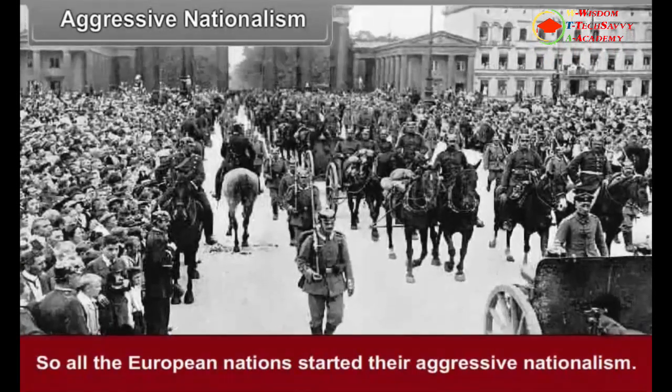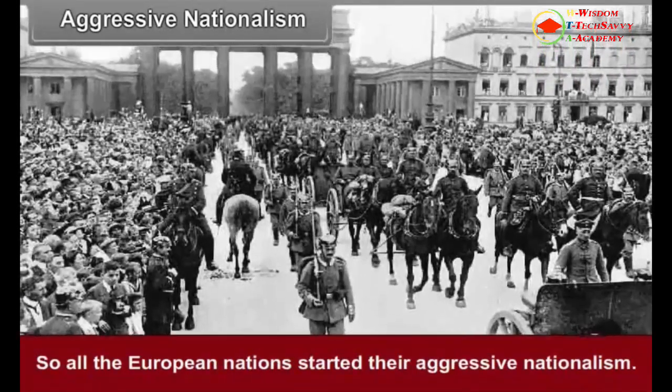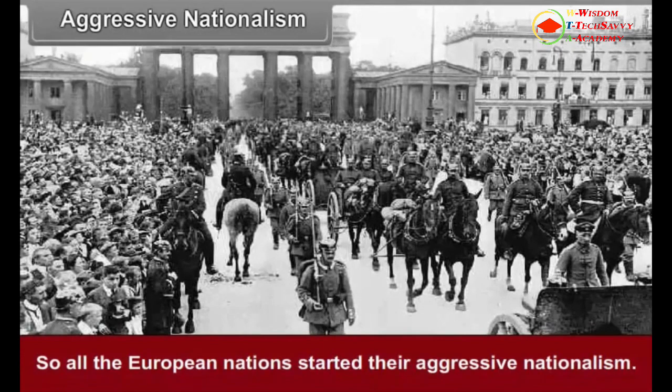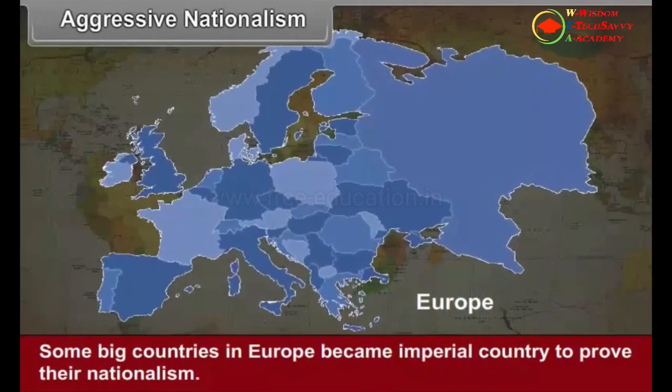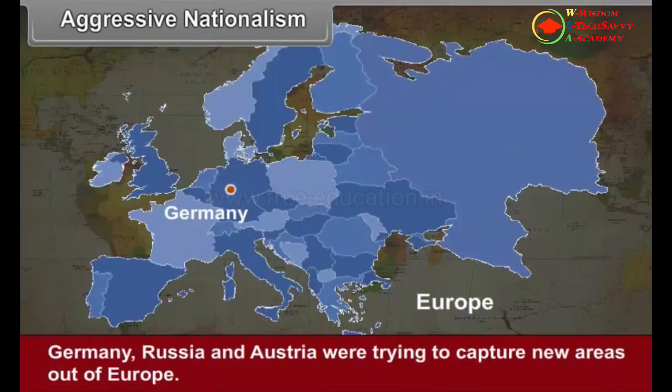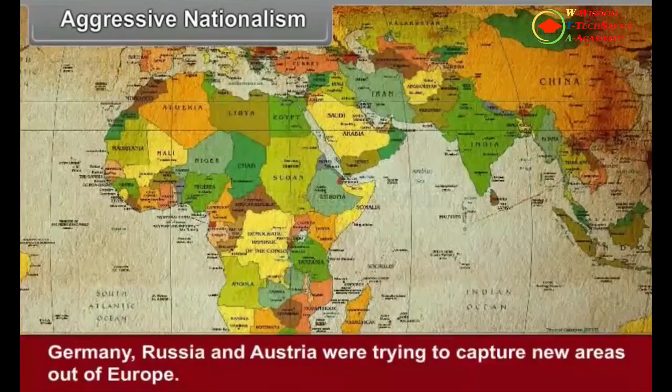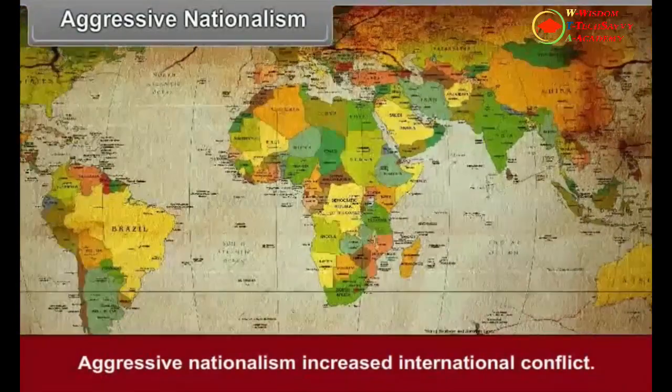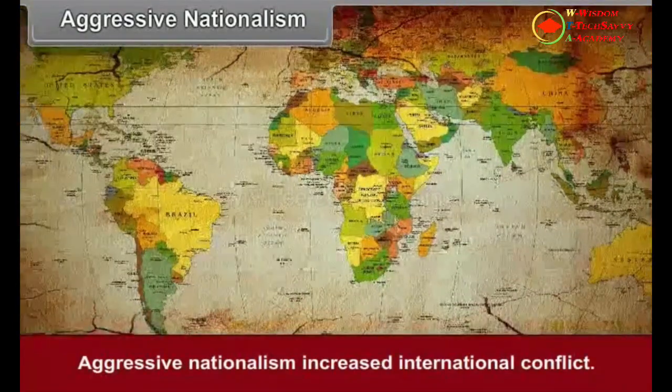So all the European nations started their aggressive nationalism. Some big countries in Europe became imperial countries to prove their nationalism. Germany, Russia and Austria were trying to capture new areas outside of Europe. Aggressive nationalism increased international conflict.